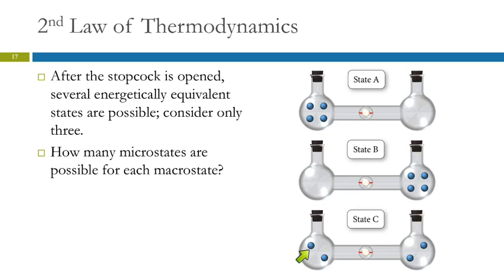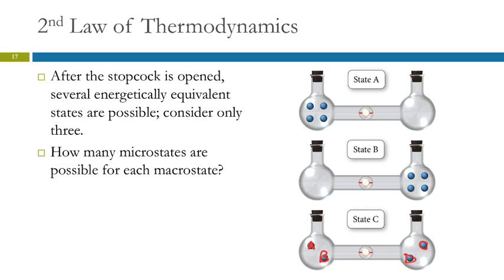Maybe let's do C first. I'm going to call this one A, and this one's B, and that one's C, and that one's D. Could we have a microstate where instead of A being over here, A was over here and C was over there? Yeah. So that's a microstate of this one macrostate.